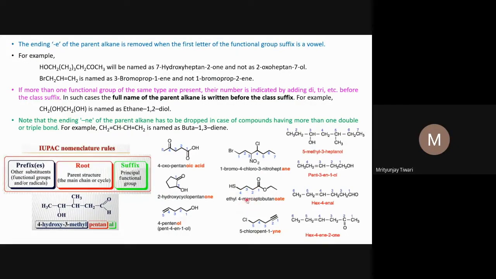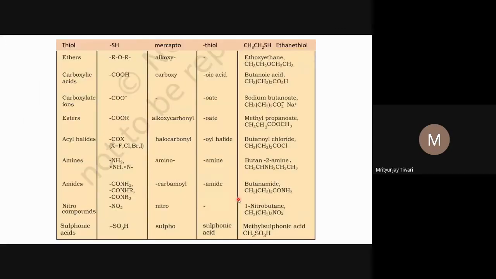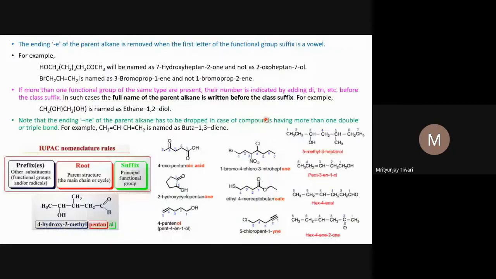So we write ethyl, then 4 mercapto, and after ethyl we write a space. As you see here also, we keep a space in esters, between the alkyl and alkanoate. So this is ethyl, E should be a capital letter; there is an error. Ethyl 4 mercapto, and then 4 carbon atoms.